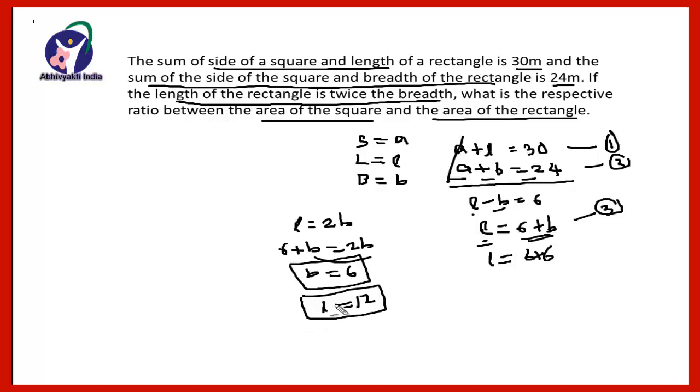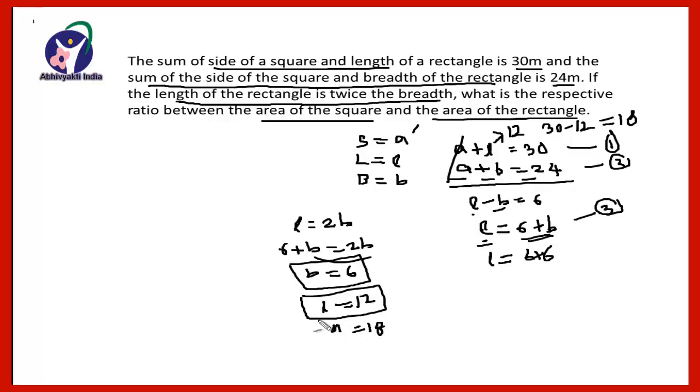Now you got length and you got breadth. You have to find side. So put the value of L here. L is 12. So shift 12 to other side. So it will be 30 minus 12, equal to 18. And therefore A is equal to 18.